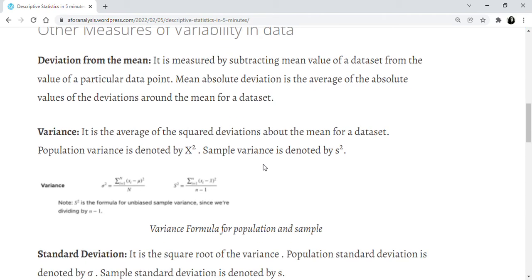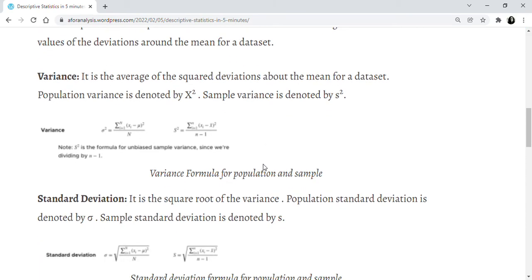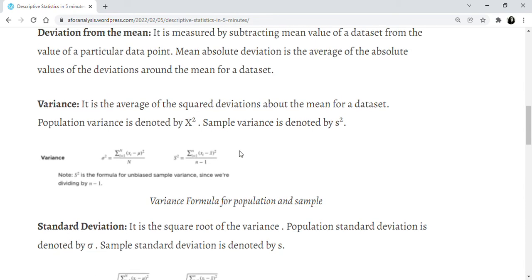Now let's talk about the variance, which is also another popular term. We use it all the time, and variance is the average of the squared deviations. So first we talked about individual deviations from the mean, but if we take the squared sum of all such deviations and divide it by the total size of the population, we would get the population variance.